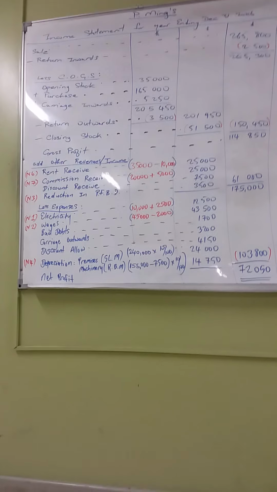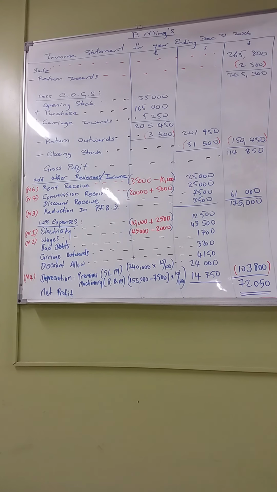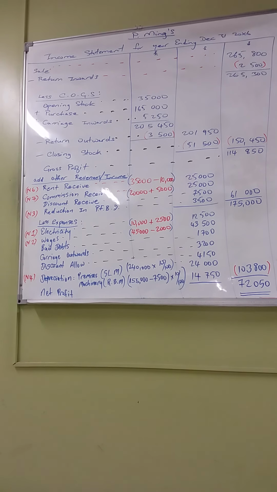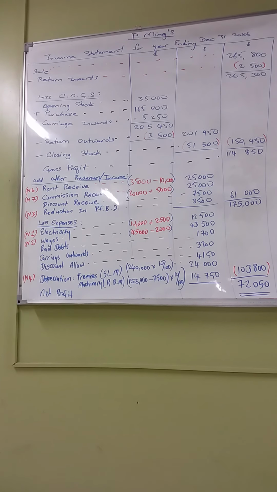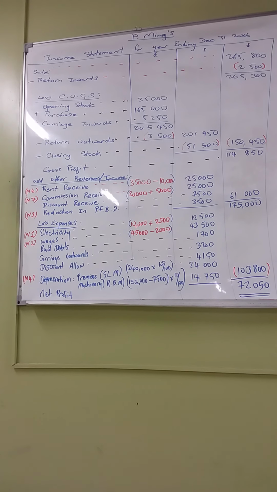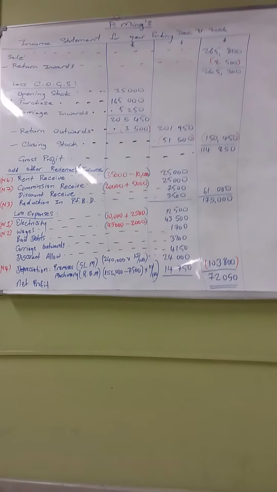Now you move to your less your cost of goods sold. You have there starting with your opening stock. Your opening stock there was 35,000. Then you add your purchases.